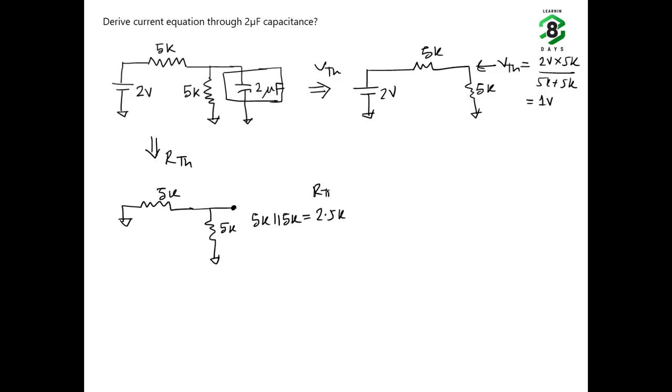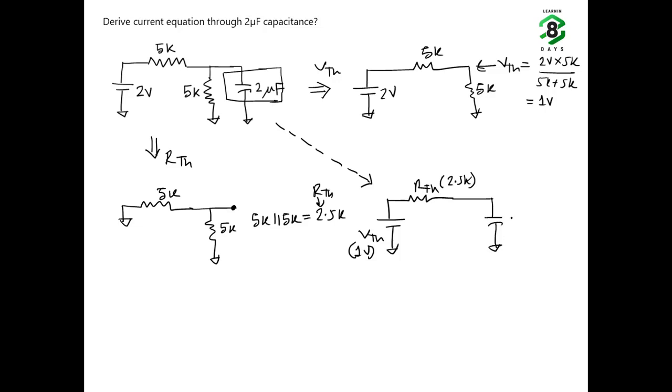That is our R Thevenin. So the circuit can be redrawn as V Thevenin, which is 1 volt, R Thevenin, which is 2.5 kilo ohm, and then our load, 2 microfarad.